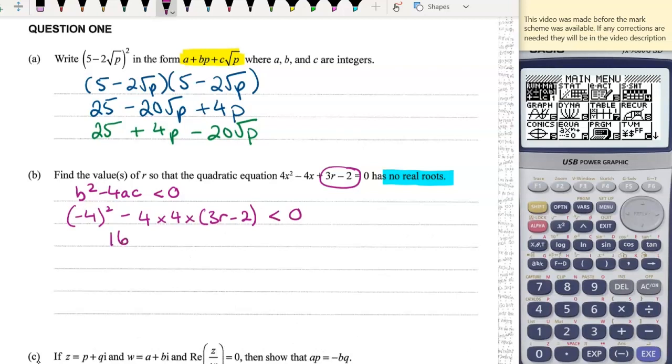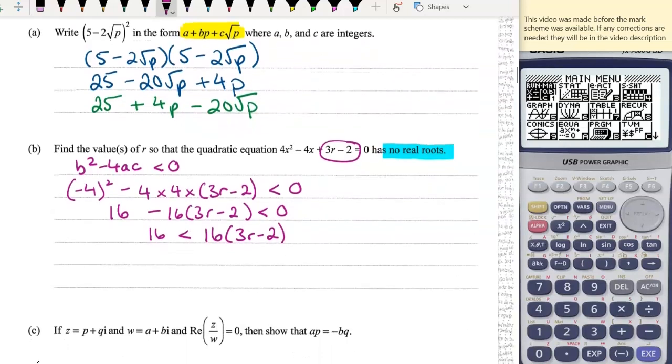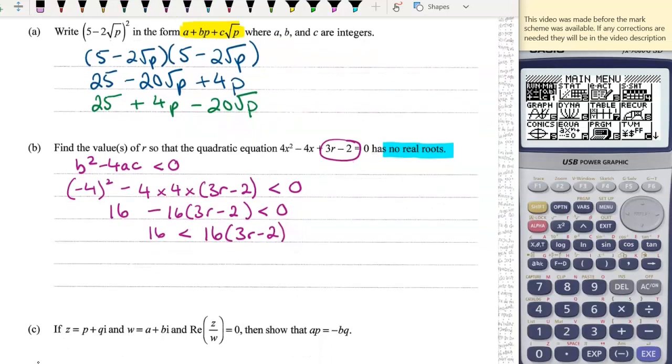So we've got 16 minus 16 times 3r minus 2 is less than 0. So 16 is less than 16, 3r minus 2. And I'm being very careful with my inequality here to keep things on the right side of it. So if I want to put the r things on the left, I need to reverse the entire thing around. So I'll do that just now, actually.